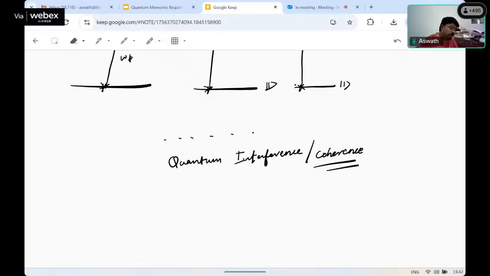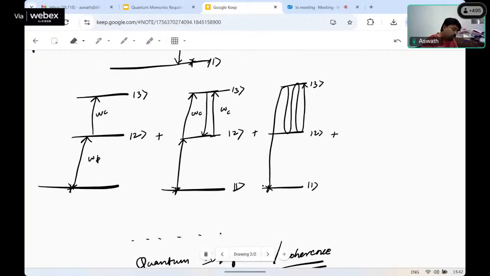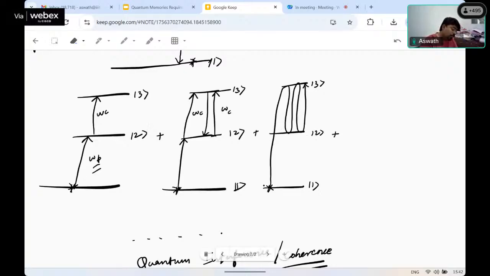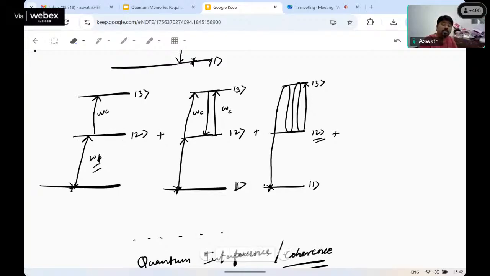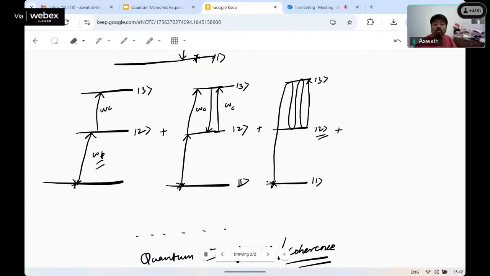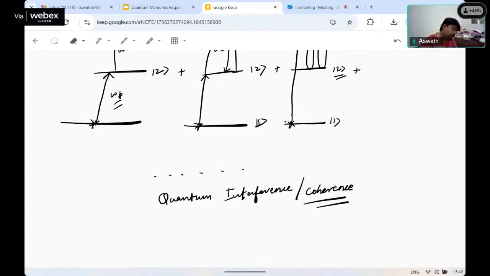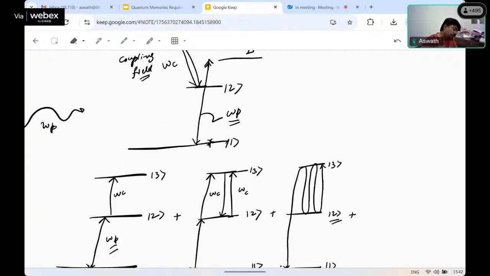Because of this, the chance of a photon being absorbed from the omega p light, and the chance of the electron existing on level 3, never happens, because by the time the electron is in level 3, it is pushed down to 2. So most of the time the electron is not present in state 3; it is always at state 2. So the chance of absorption of omega p is actually suppressed.